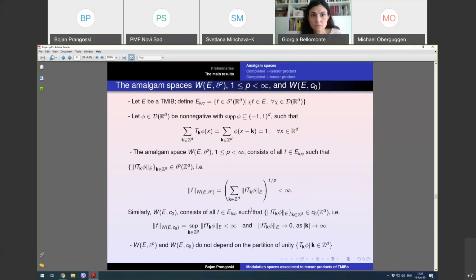Yeah, because if it works for the amalgam spaces, they will probably work in the proof in the same way. And the key component here is the splitting of the functions, which we already have in the paper with Jason and Andreas. So my answer is probably yes, if you can construct the amalgam spaces.